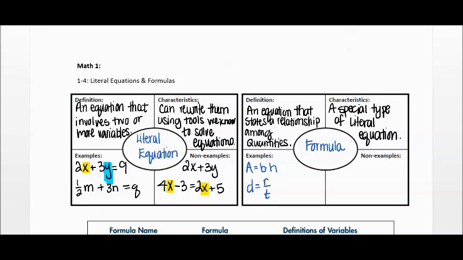Okay? So for non-examples, you can imagine 2x plus 3y is equal to 9. We had it as an example of a literal equation, but it's not an example of a formula because the x and the y don't mean anything. We're not finding anything. We're not looking at a relationship among the quantities.